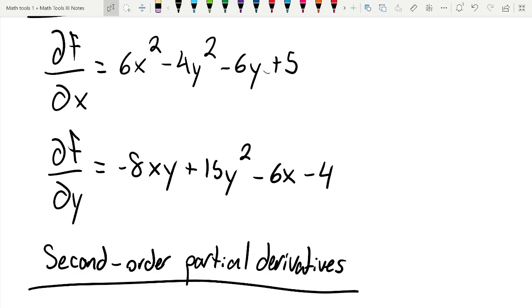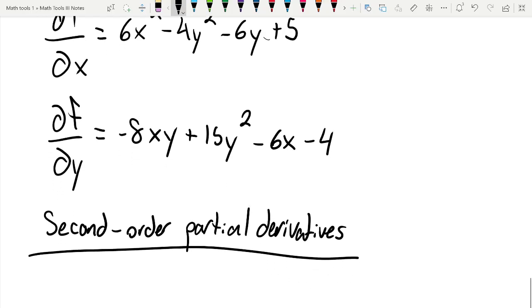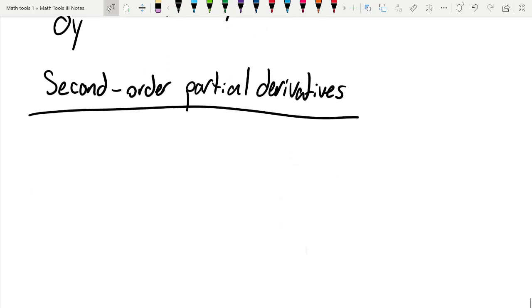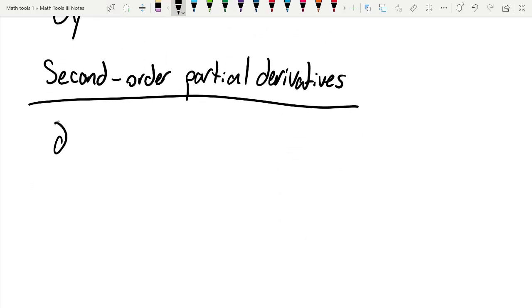But we have two different first derivatives, and we can differentiate both of those either with respect to x or with respect to y. So we can take our partial derivative with respect to x, and we can differentiate that with respect to x, and we can differentiate that with respect to y. And then same thing with the one with respect to y. So altogether, we're going to have 4 second order partial derivatives. So let's go ahead and look at what those would be.